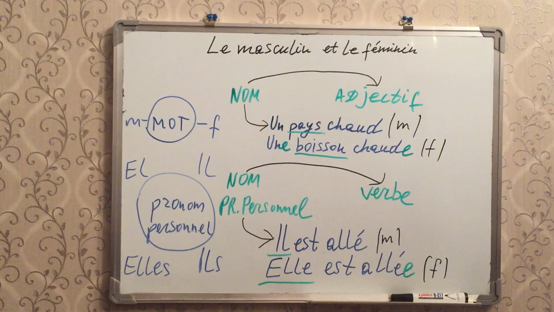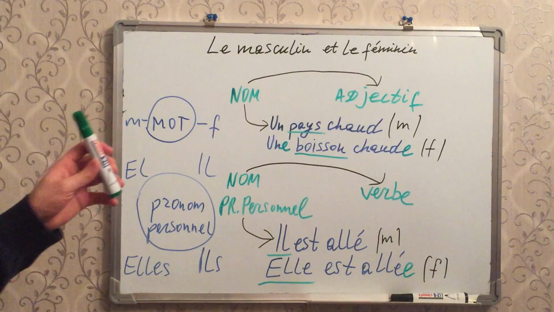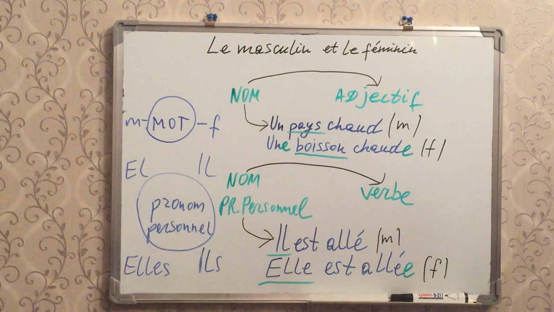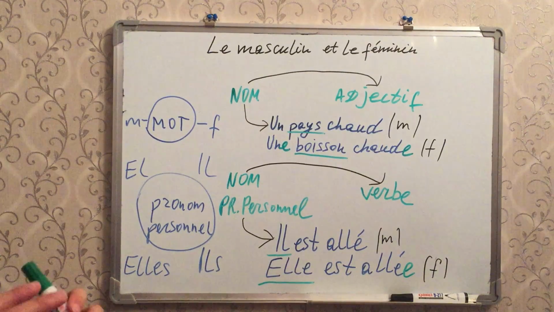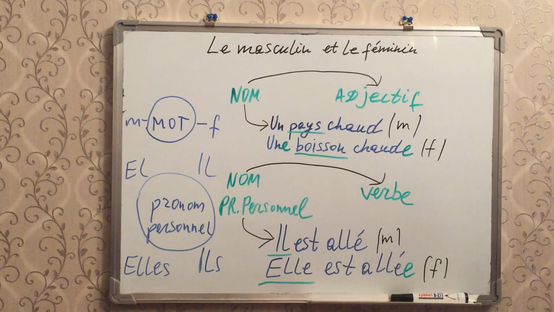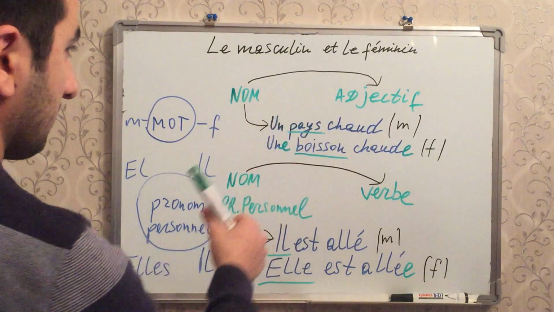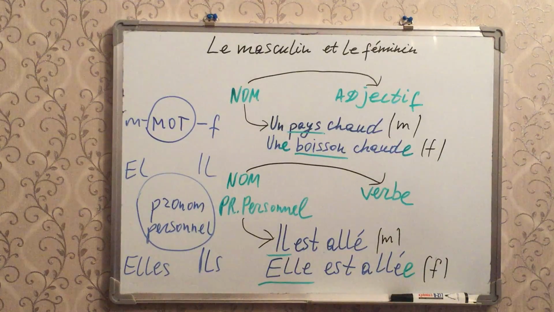Okay, so in French also you can see le masculin et le féminin, so a masculine and feminine form, a gender that form. Okay, some words and their types to use in a sentence.